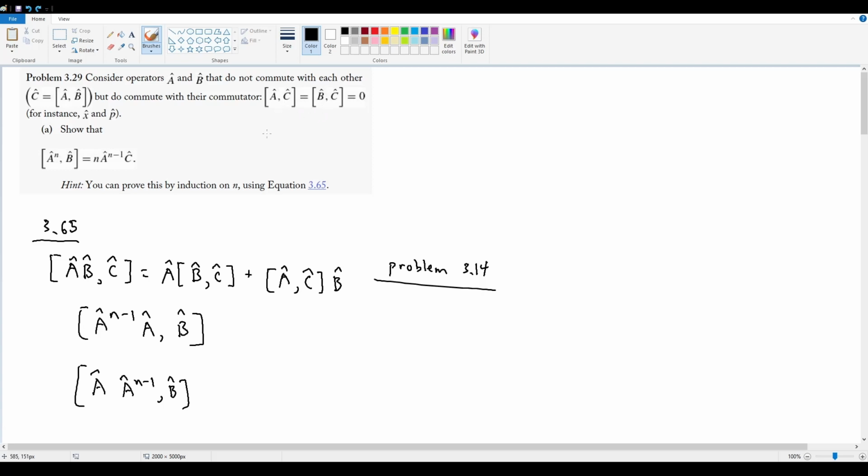So that means a hat c hat is exactly the same as c hat a hat, and b hat c hat is exactly the same as c hat b hat.